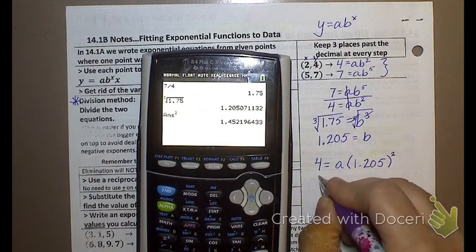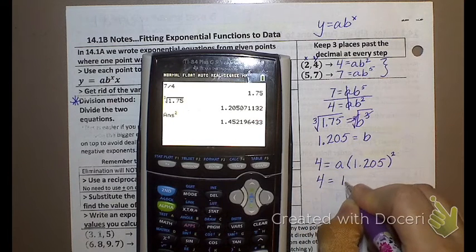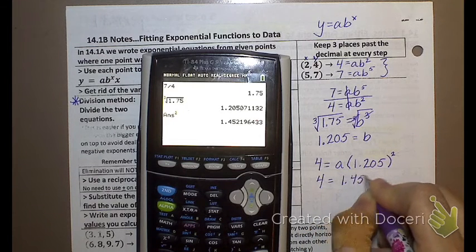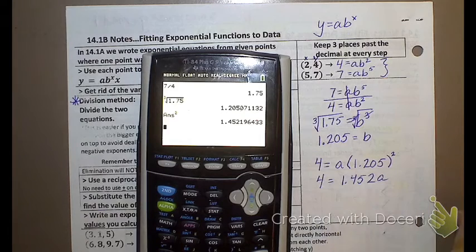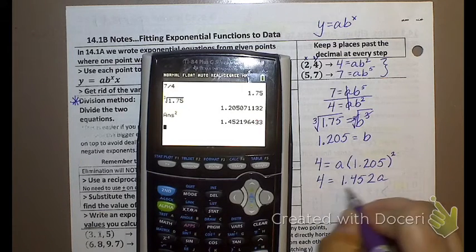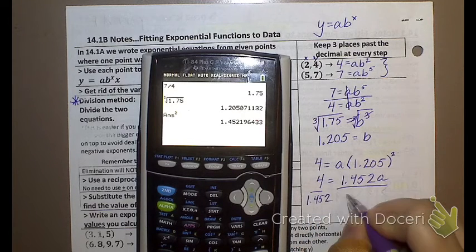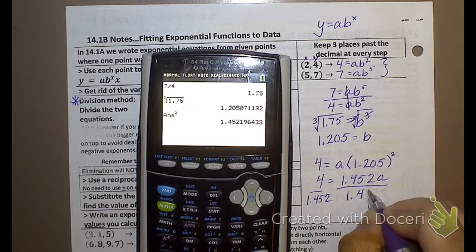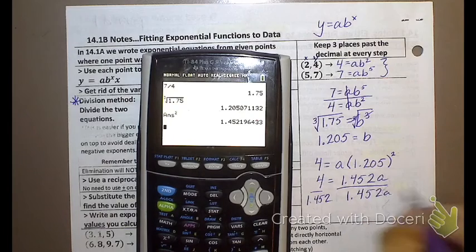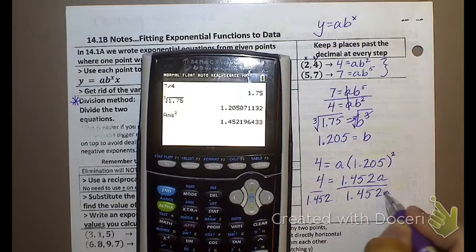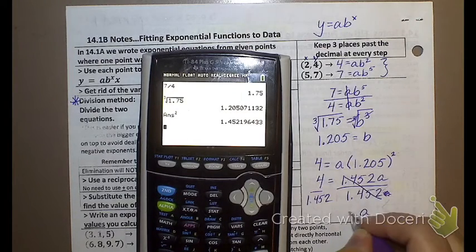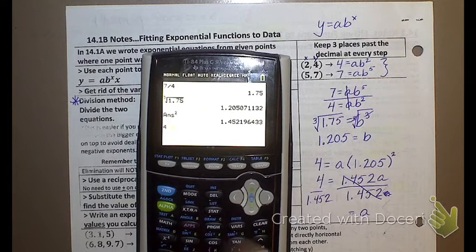So I have 4 equals 1.452 A. What am I going to do? Divide by 1.452. Do I need to use the rounded off form? Whoops, don't want to divide by A. Do I have to use it, or can I just do 4 divided by the previous answer?